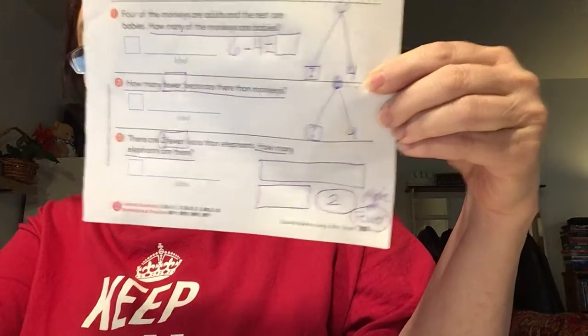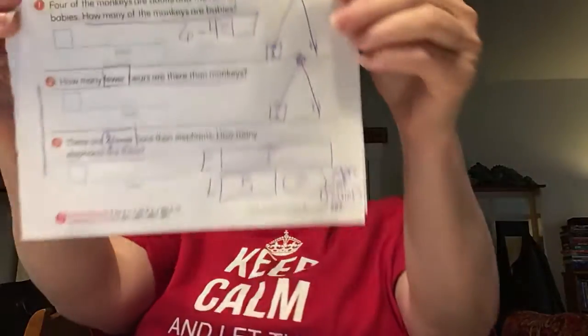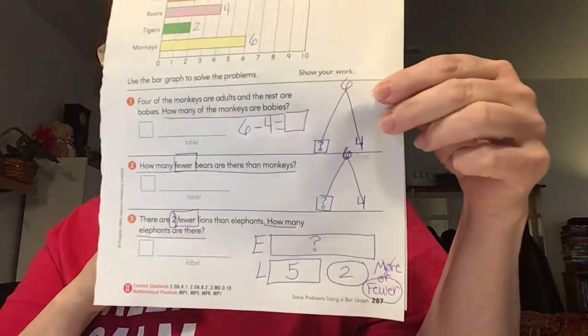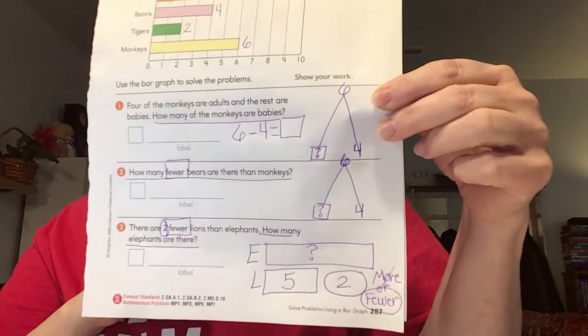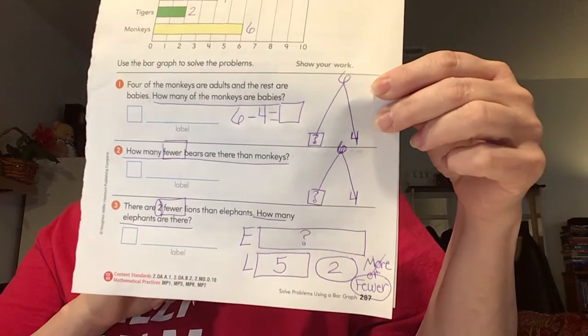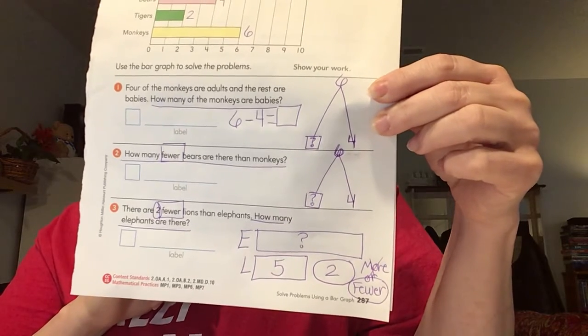So we know that the lions will go on the bottom, and we know that there were 5, and then we'll put an E up here for elephants, and that's where the question mark goes, right there. Okay? Now, that's all I'm going to help you with. At this point, you need to do the rest of the problem on your own. Okay?